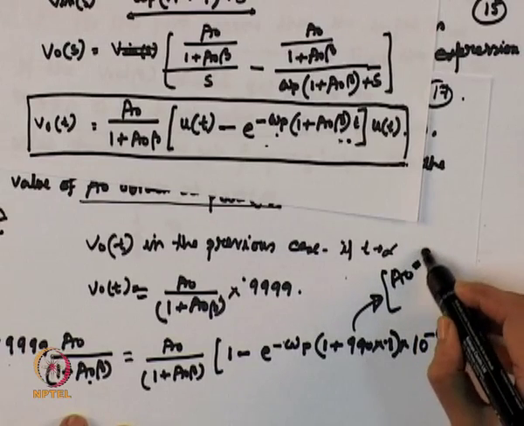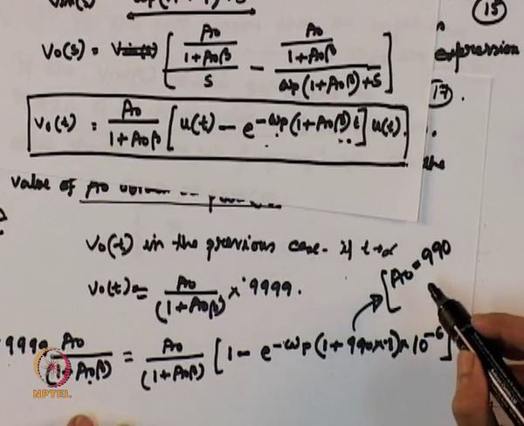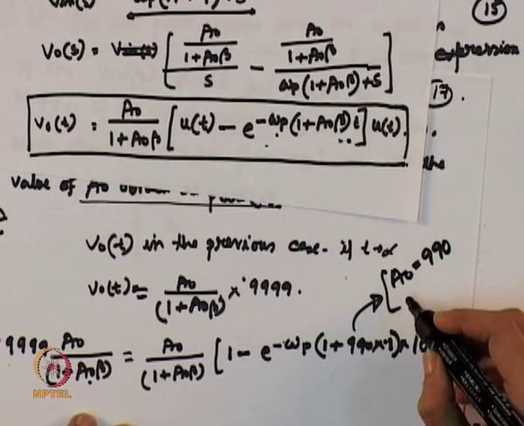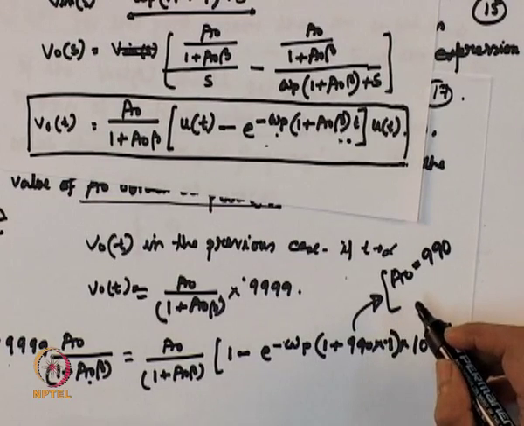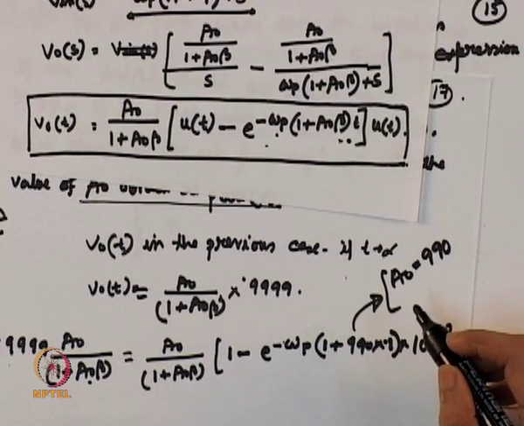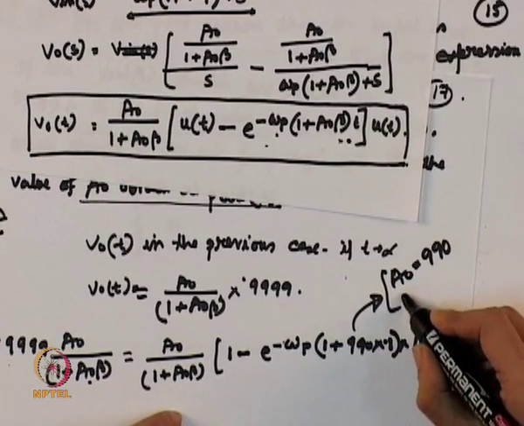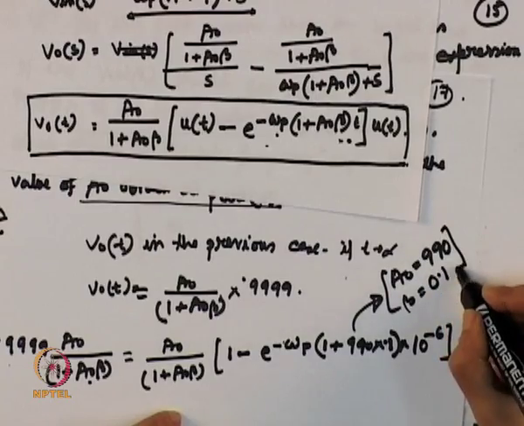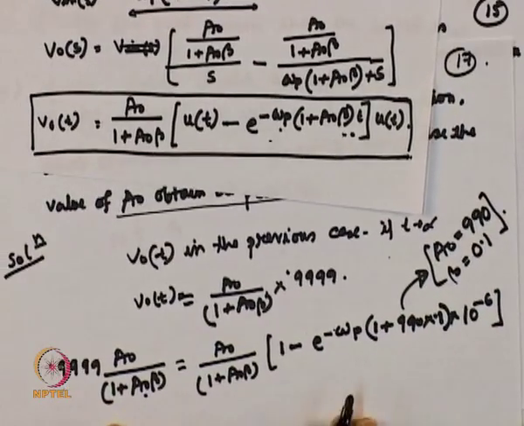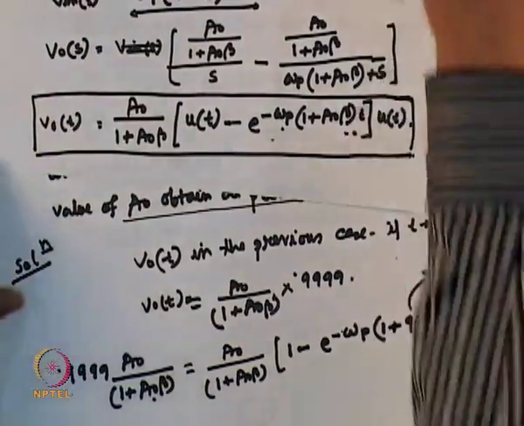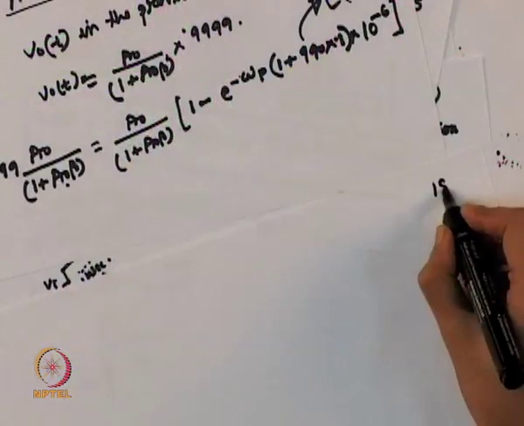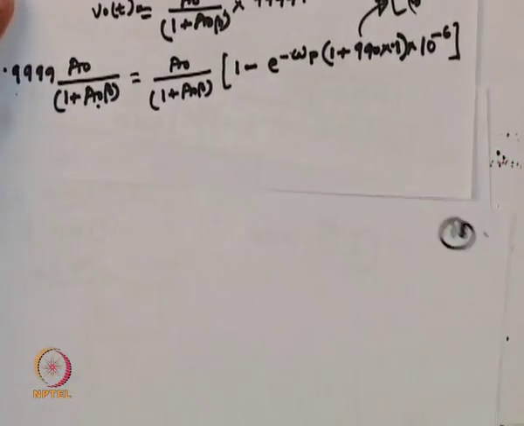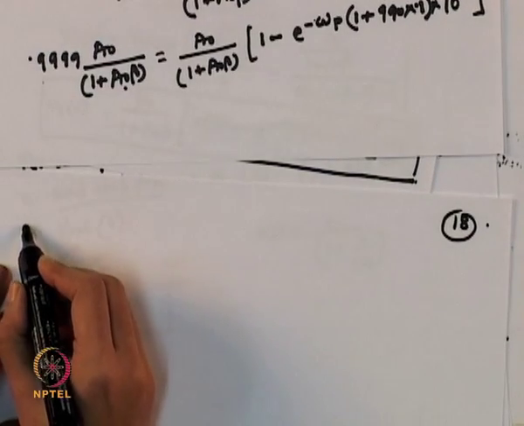So, A naught is 990 and beta is 0.1. Let me take another sheet and write it.